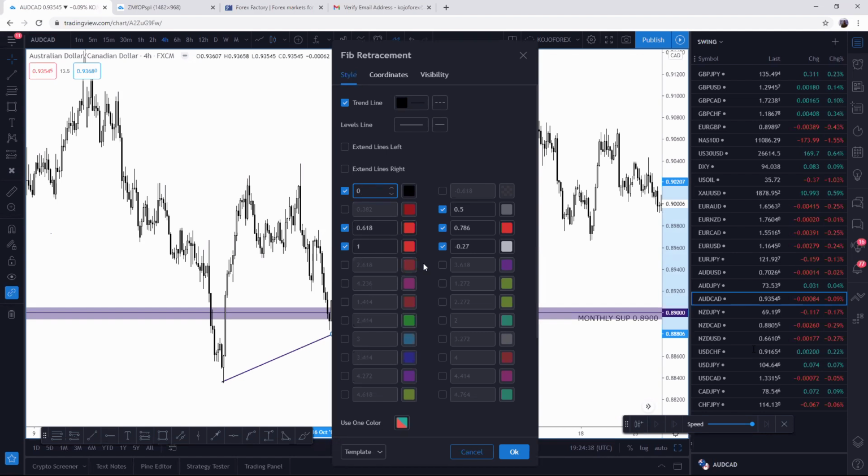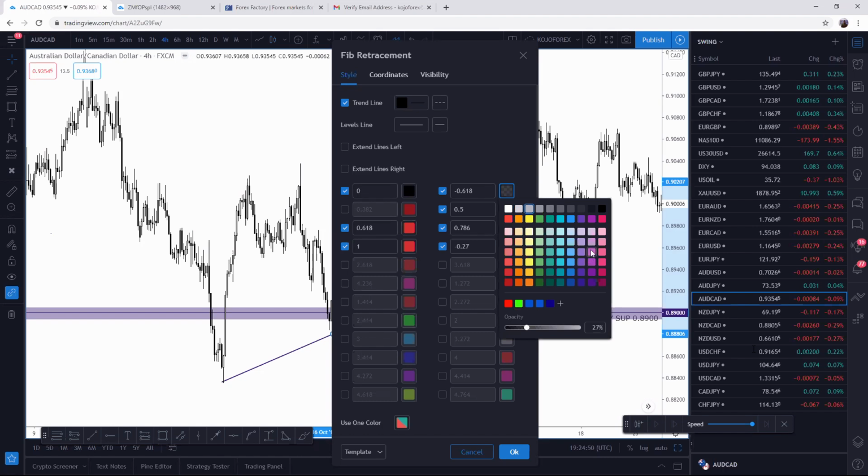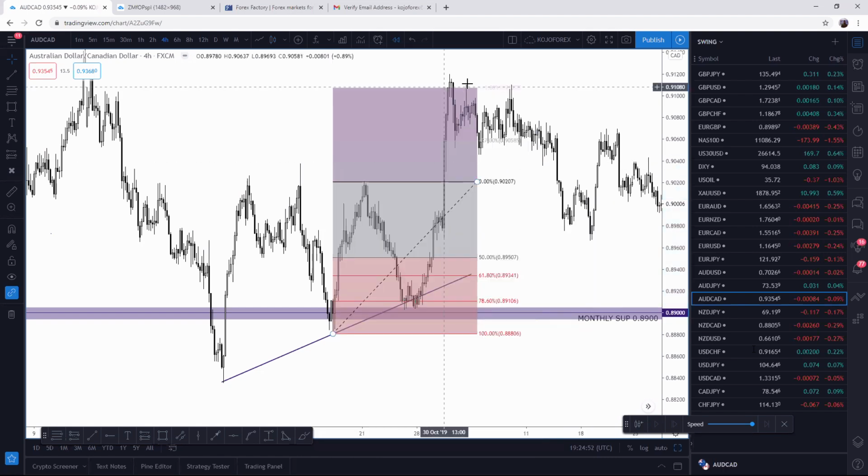What is it? I think I deleted it. Okay, this is it. Can you see that? That was where the market hit, right? So this region here is a negative 61.8.